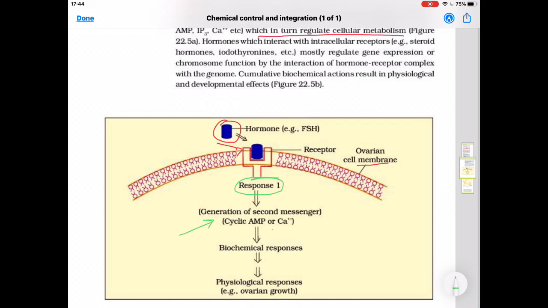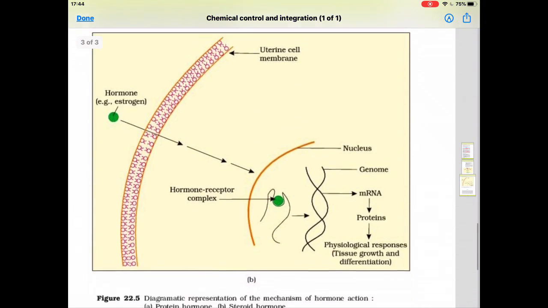So this response produces some biochemical changes in the cell, and those biochemical changes produce some physiological changes in the cell. So the first one is showing a protein hormone, and diagram B is showing the steroid hormone.